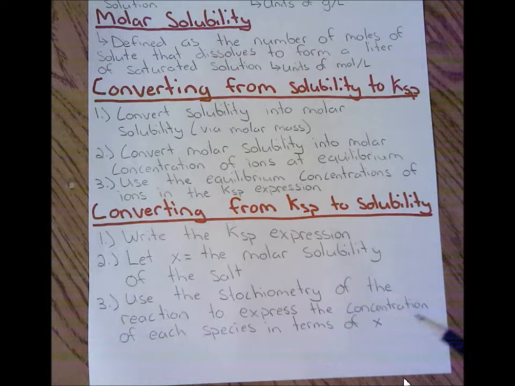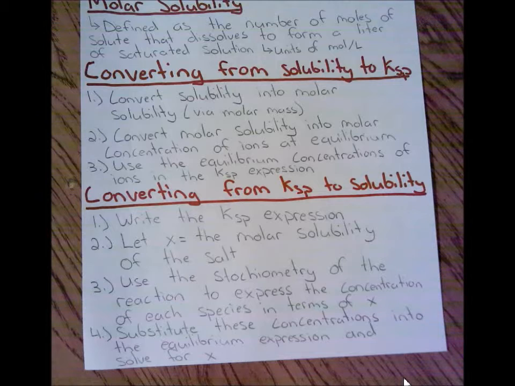That's what this means here. And then our fourth step here is to substitute these concentrations into the equilibrium expression and solve for x. So again, to emphasize, this is really similar to how we solved the weak acid, weak base problem.